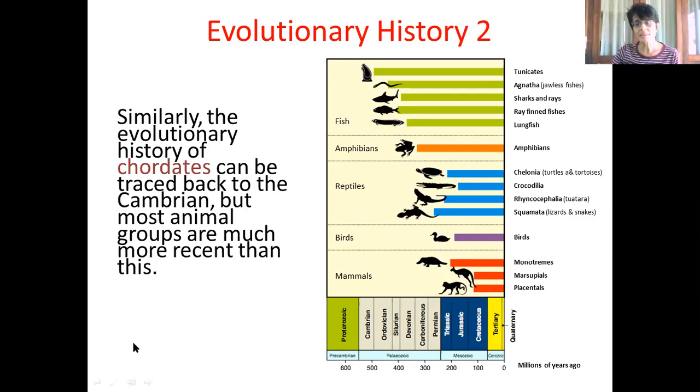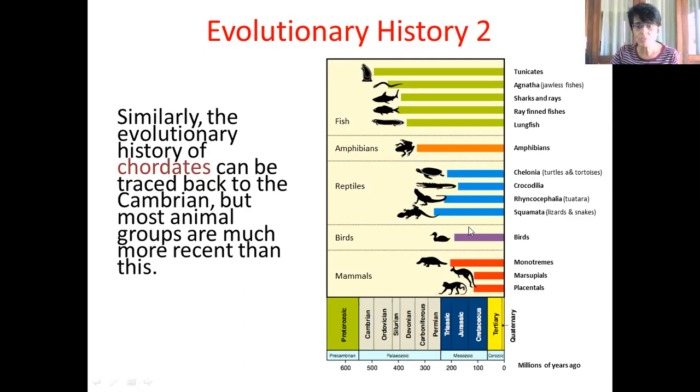Then you get the proper placentals, where the young are kept inside the womb, attached by an umbilical cord to the mother's womb, and they are fed for a much longer time and born much later on. So they're more developed when they're actually born compared to little kangaroo joeys.